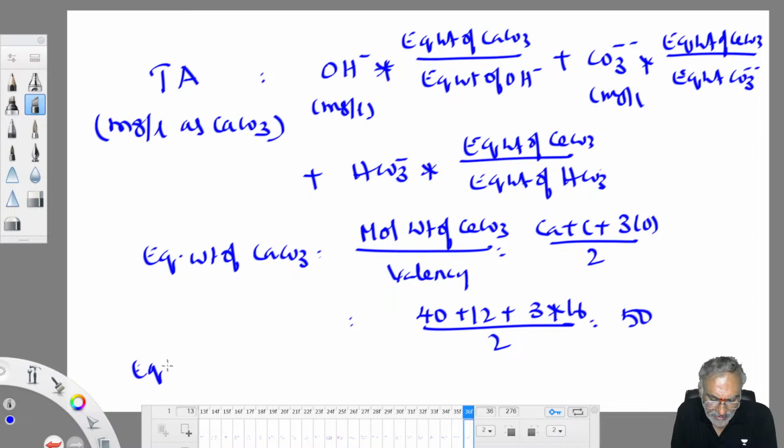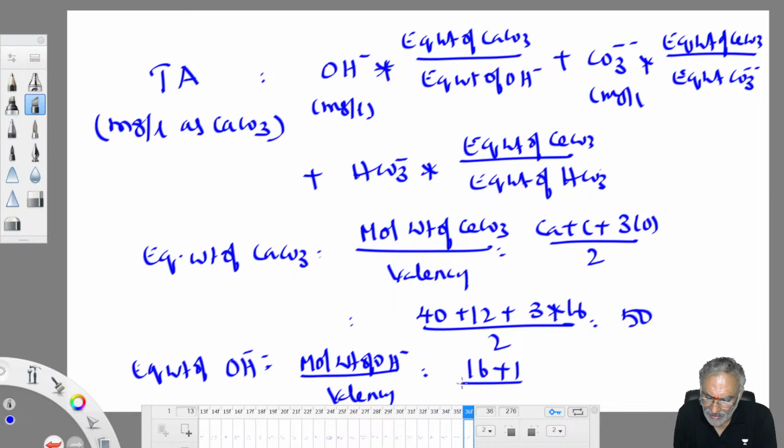Similarly, equivalent weight of OH minus ions is equal to molecular weight of OH minus ions by valency. Molecular weight is 16 plus 1, valency is 1, OH minus has 1 charge, therefore 17.